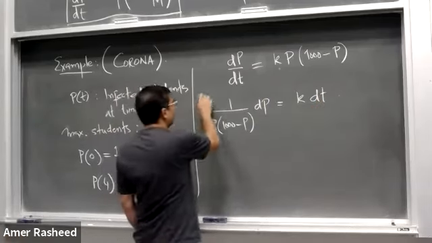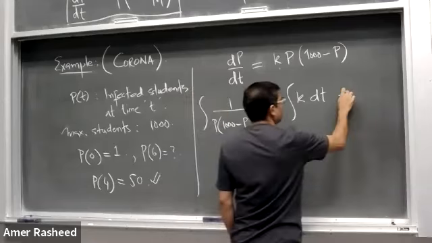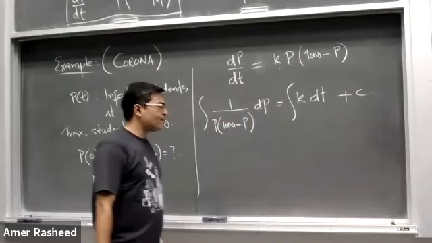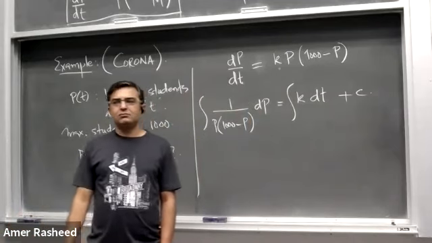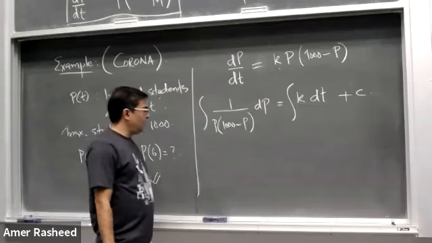You integrate on both sides and put a constant of integration C. Here you have to use partial fractions. I hope you know partial fractions of integration.